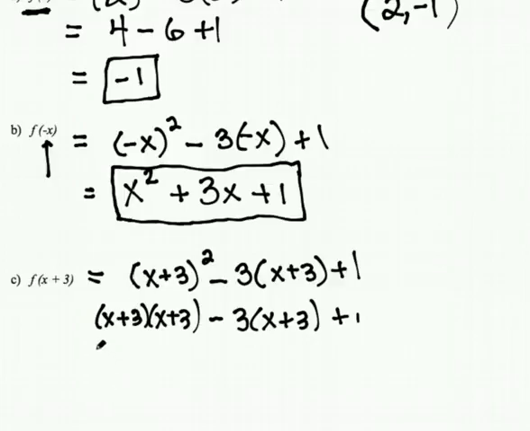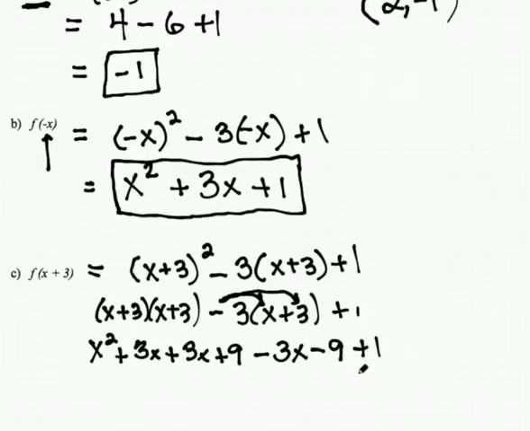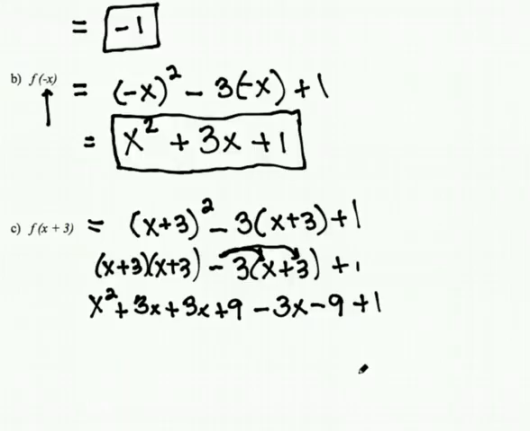So when I FOIL that out, I get x squared plus 3x plus another 3x plus 9. And now when I distribute this negative 3 to both terms, I get minus 3x minus 9 plus 1. Now I need to go ahead and combine like terms.